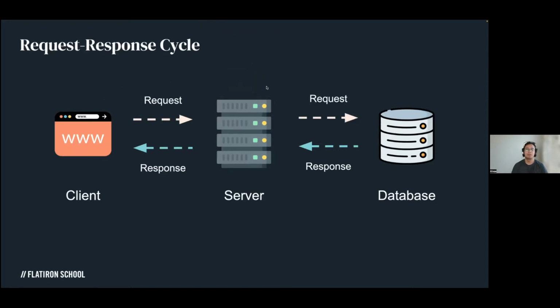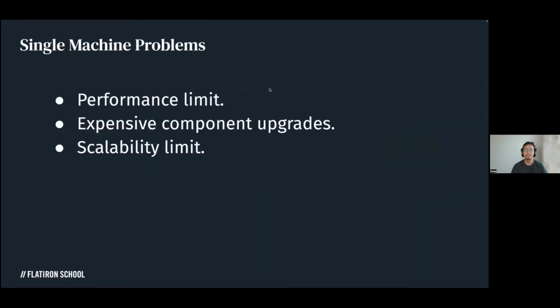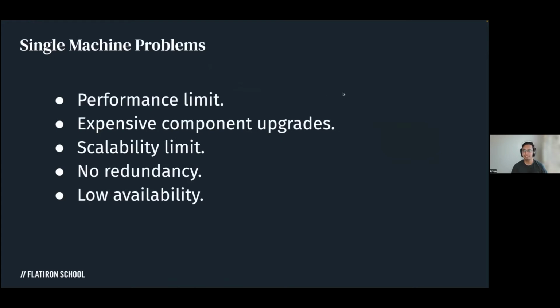So that's how you might solve some of the issues with a single machine setup. And when you have multiple servers connected through a network serving requests, that's a distributed system, right? And it does solve most of these issues here, but it also introduces certain issues of its own, which we'll talk about in a bit.